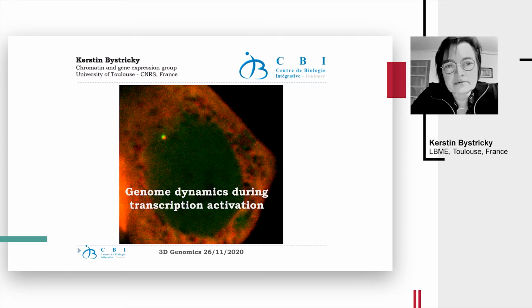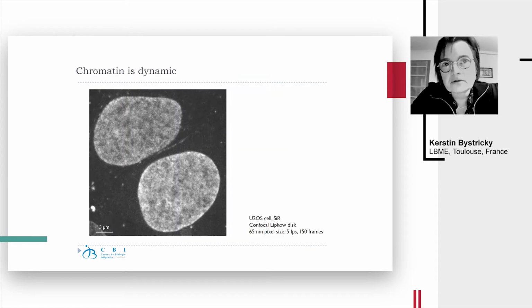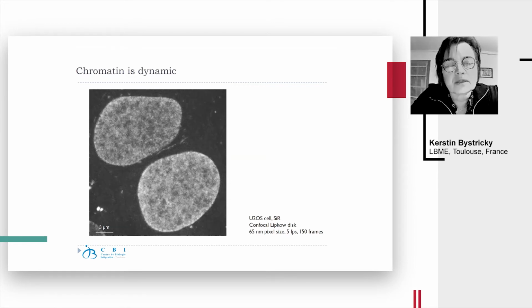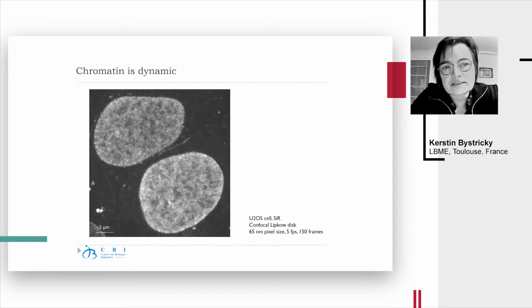So we all know that chromatin moves despite all those static models we have and all these representations that are based on fixed cell experiments and on dead cells, crushed cells, isolated DNA, everything. So what you see here is a real-time movie of 5 frames per second of DNA that is labeled in osteosarcoma U2OS cells.